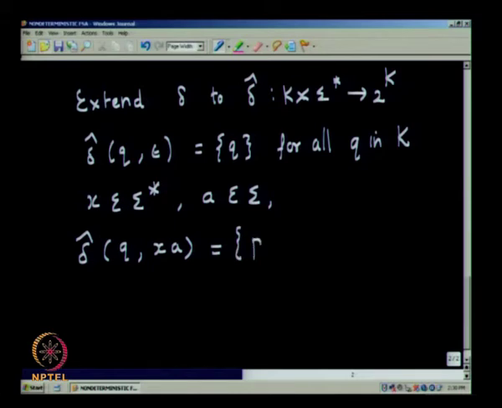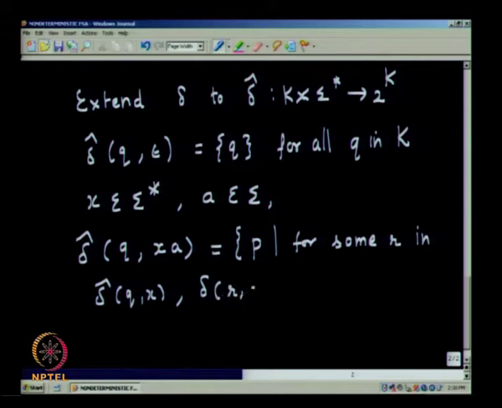This is the set of states P such that for some state R in delta cap of q, x, delta of R, a contains P. The set of states P such that for some R in delta cap q of x, delta of R, a contains P.